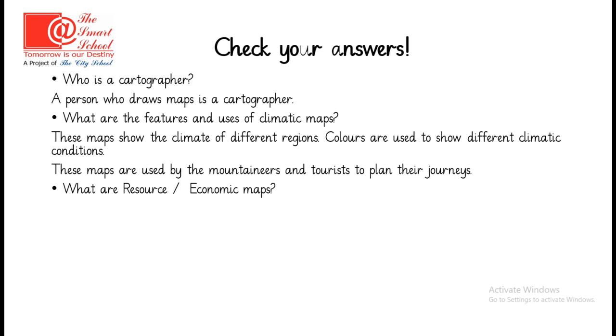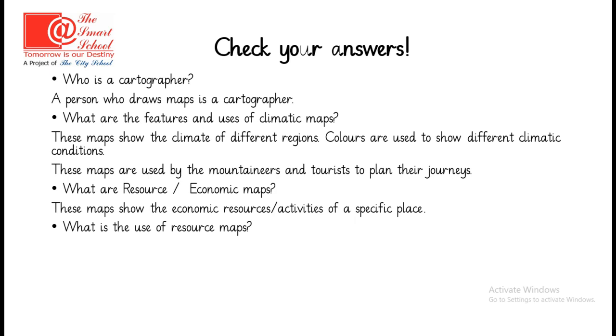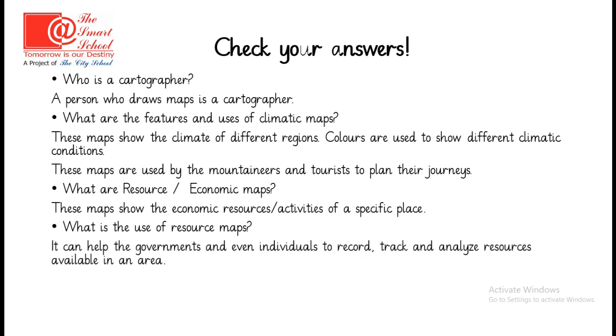These maps are used by mountaineers and tourists to plan their journeys. What are resource or economic maps? These maps show the economic resources and activities of a specific place. What is the use of resource maps? It can help the governments and even individuals to record, track and analyze resources available in an area.